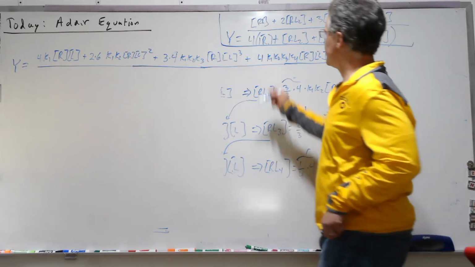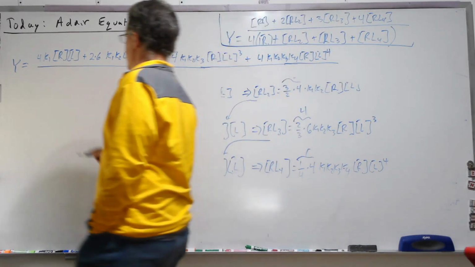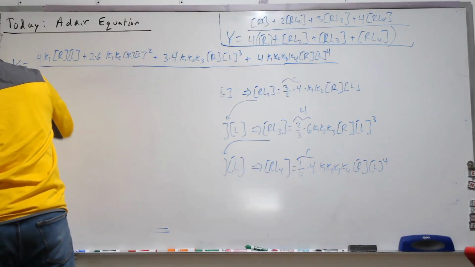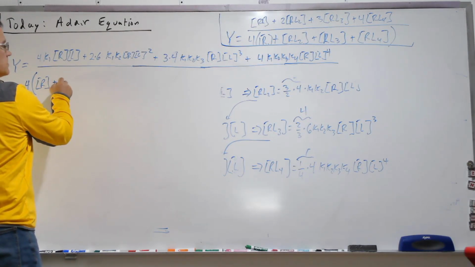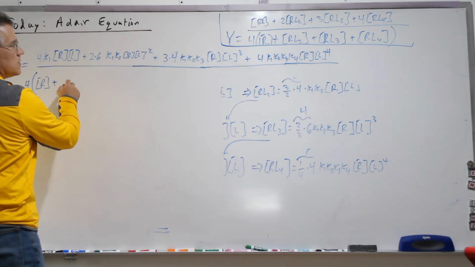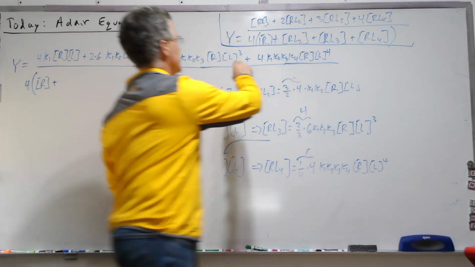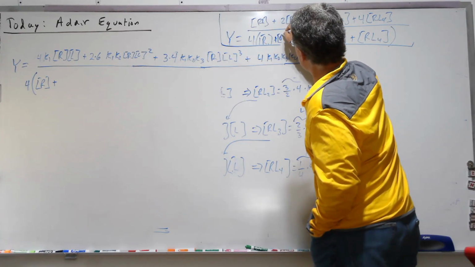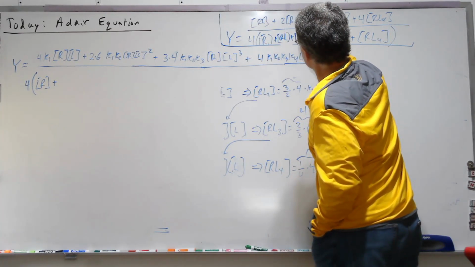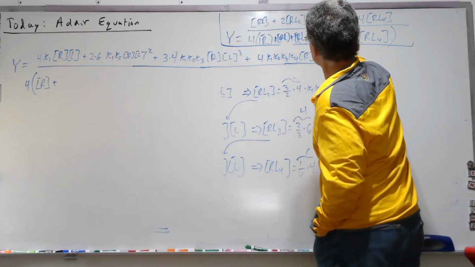All right, so there's our numerator and our denominator. Oh, I'm missing a R plus RL plus RL2.